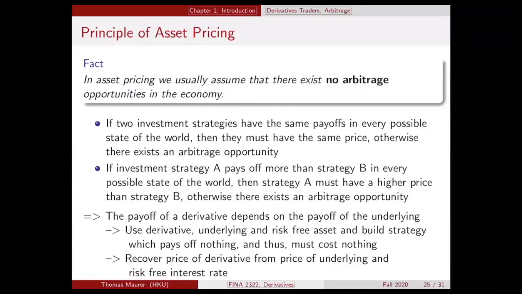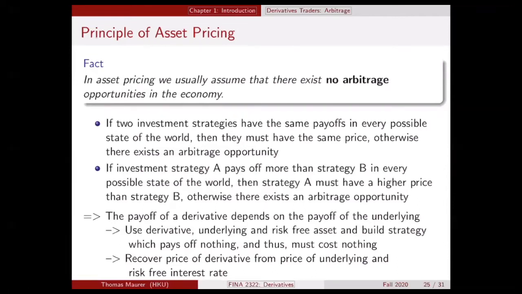Another way to use this no arbitrage concept is to get some bounds on prices between strategies. Let's imagine you have some strategy A, which always pays off more in the future than strategy B. Then it has to be the case that strategy A must have a higher price than strategy B. Otherwise there's always a way to make money for free, or in other words, there's an arbitrage opportunity.